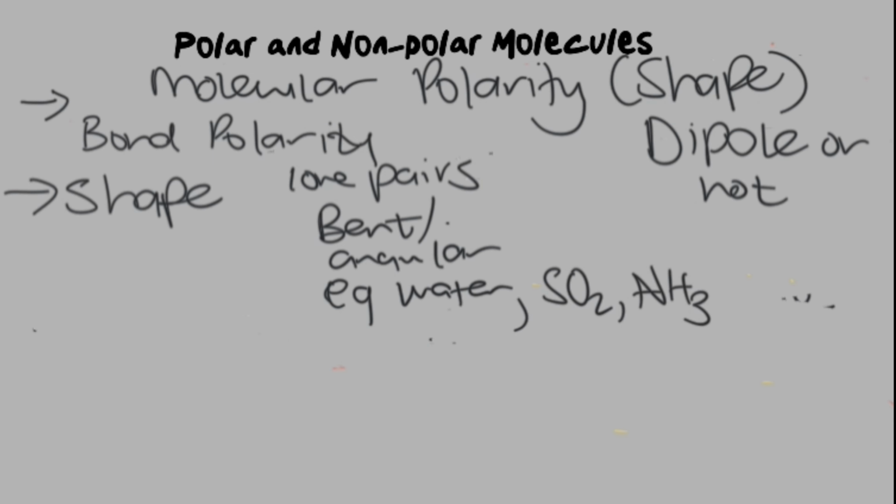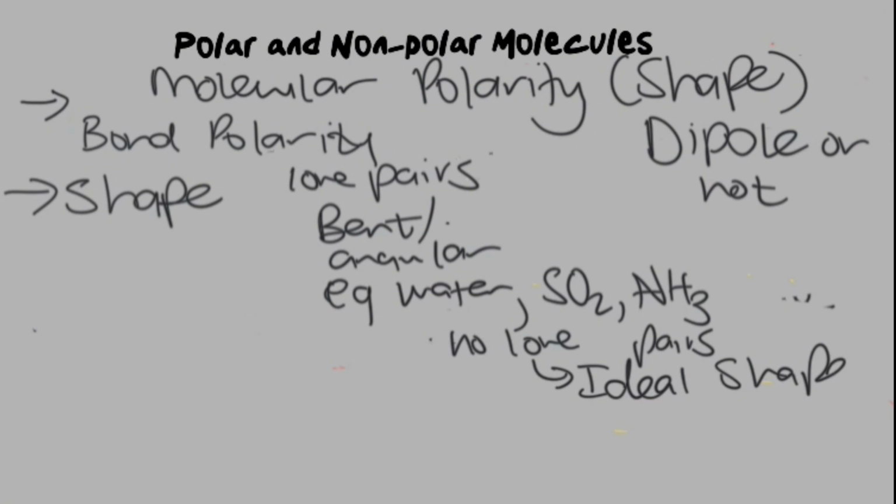Right? And if there are no lone pairs, we know that it forms an ideal shape that you will find on the VSEPR theory.